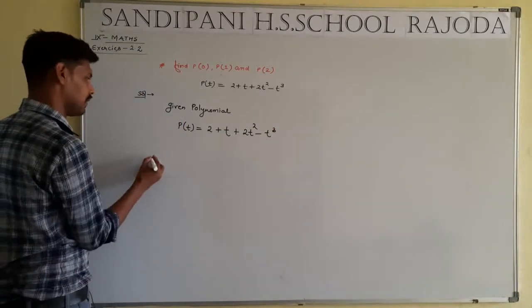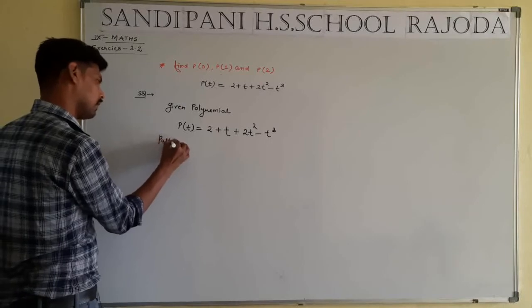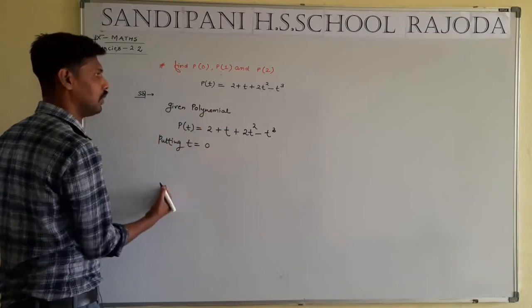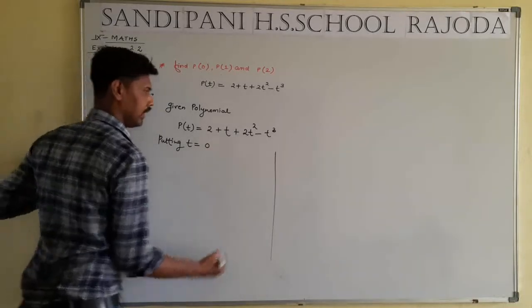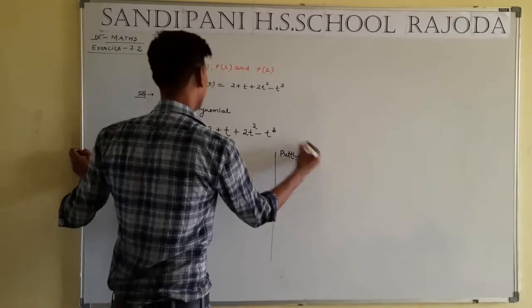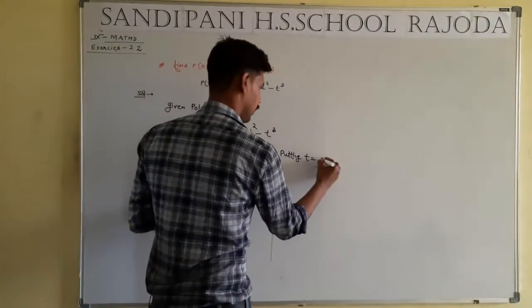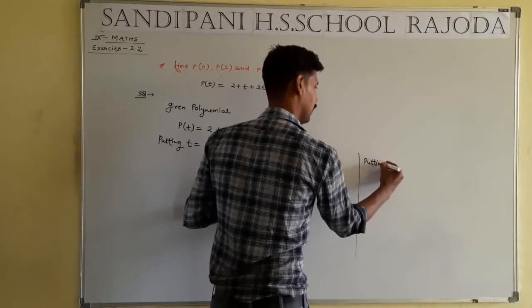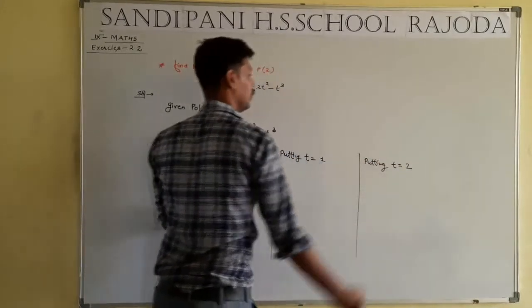Case first, putting t equal to 0. Case second, putting t equal to 1. Finally case third, putting t equal to 2.